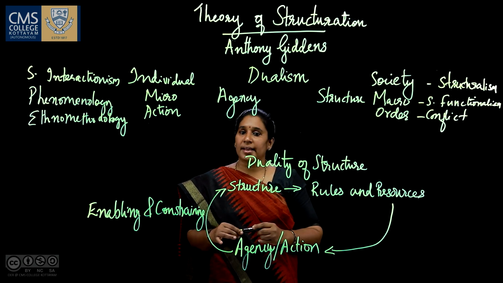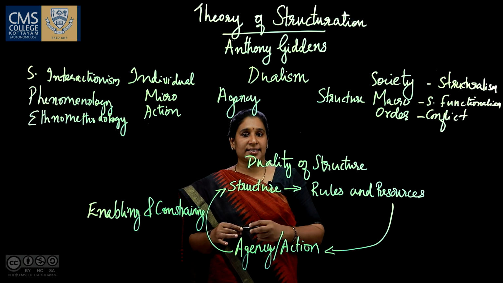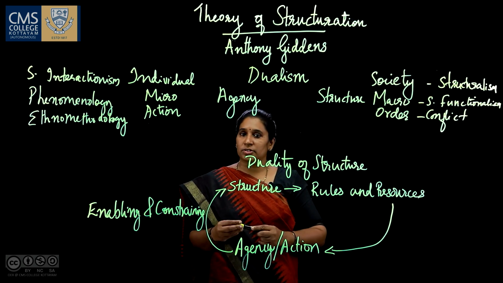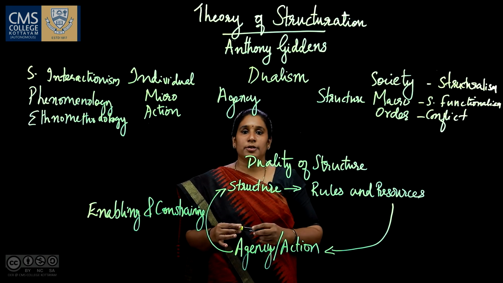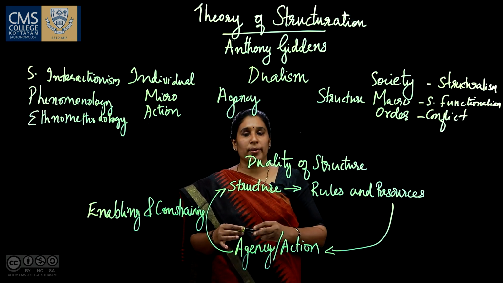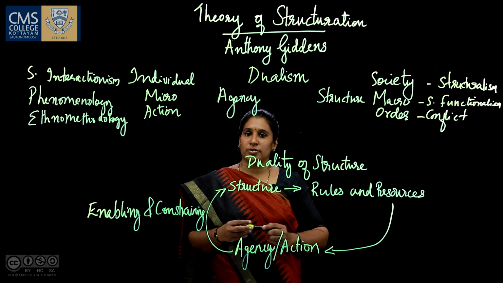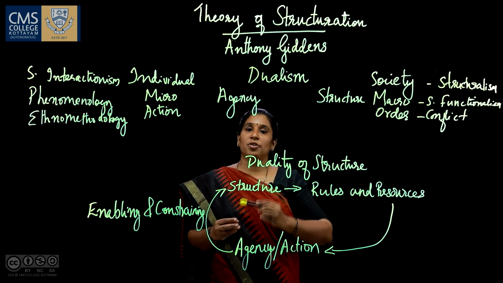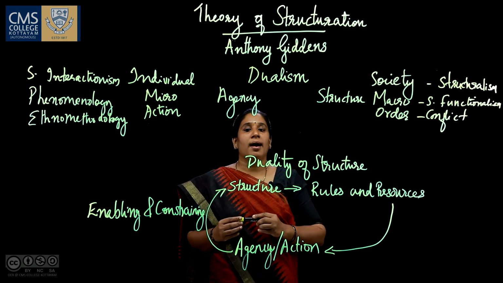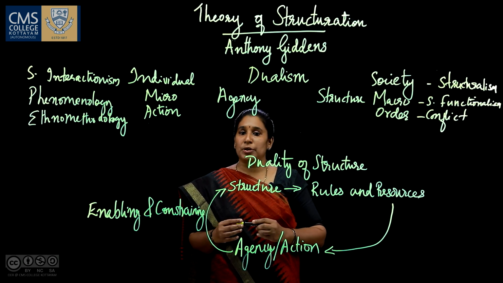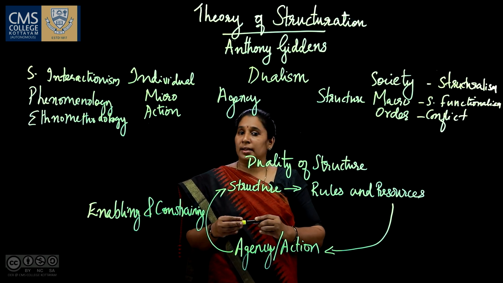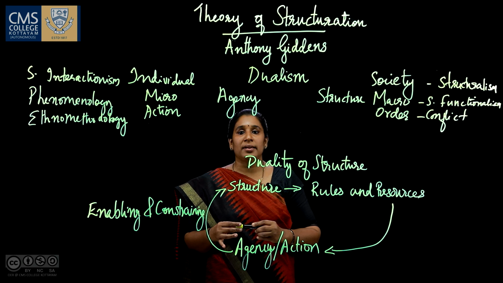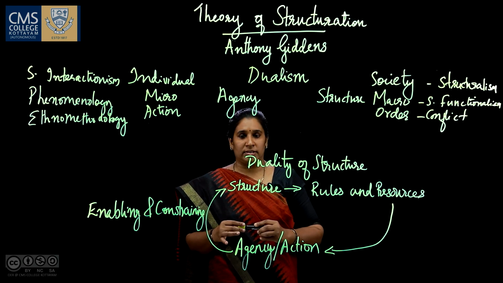Now we can have a recap of today's session. The theory of structuration by Anthony Giddens is an attempt to overcome the fundamental dualism between agency and structure. In the place of dualism, Anthony Giddens came up with a new concept called duality of structure to express the inseparable reciprocal connection between agency and structure.